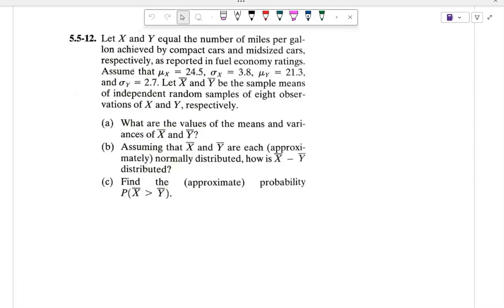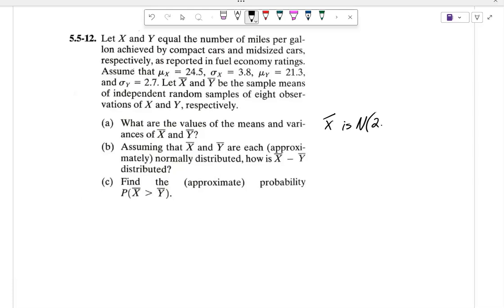What's the relationship between the mean of x and the mean of x bar? They're the same, right? What's the relationship between the variance of x and the variance of x bar? How do you find the variance of x bar relative to the variance of x? Divide by n. Good. So in both of these cases, x bar is normal.